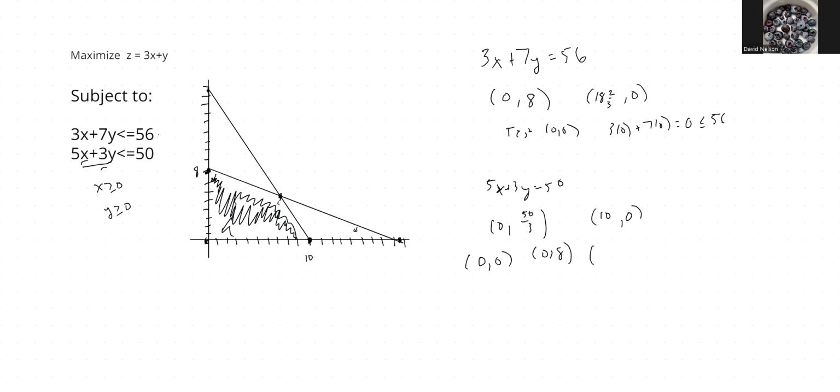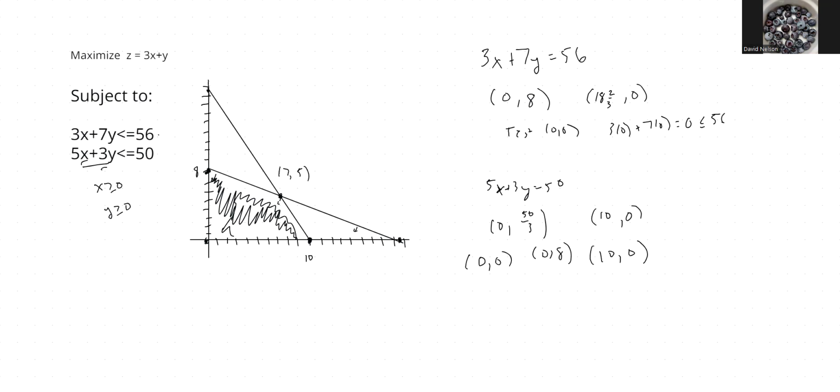And then I've got this intersection point here. It looks like it's maybe 7, 5.